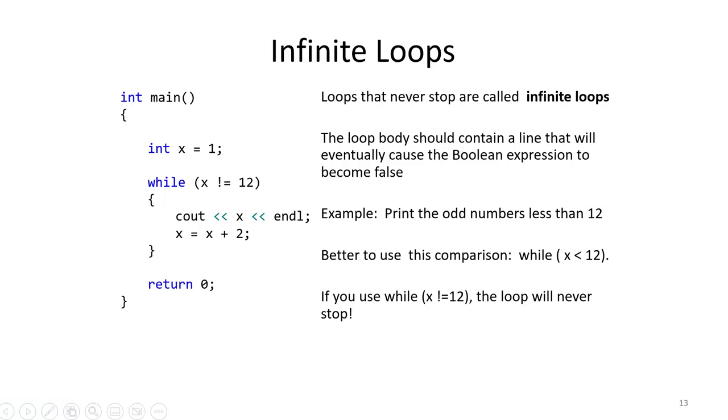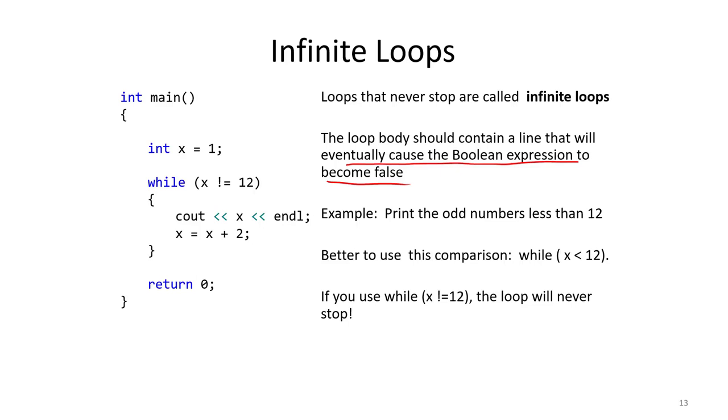So it turns out there's a name for those loops that run forever. We call them infinite loops. Loops that never stop are called infinite loops. As we mentioned, the body of our loop should contain some line that will eventually make our Boolean expression become false.